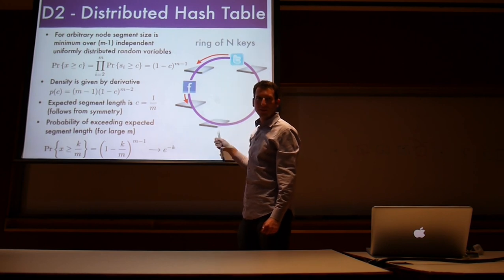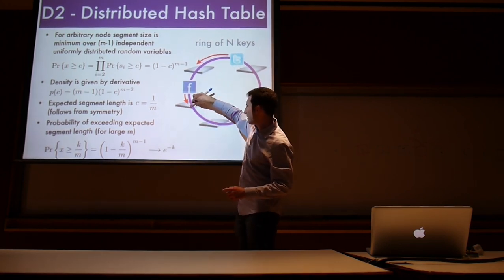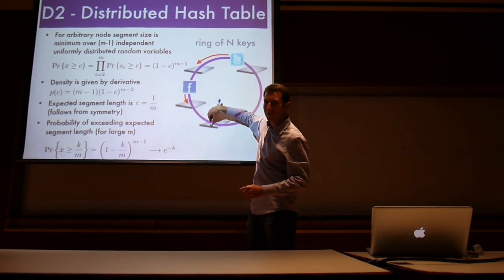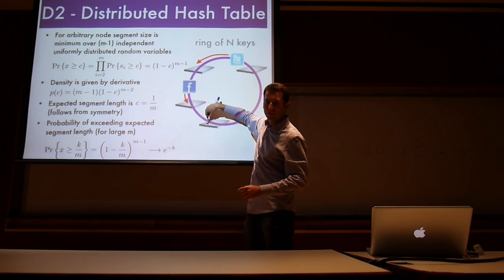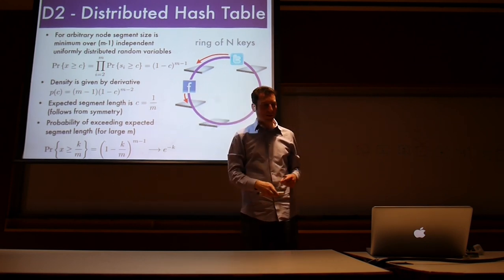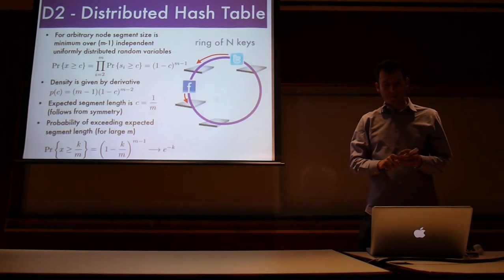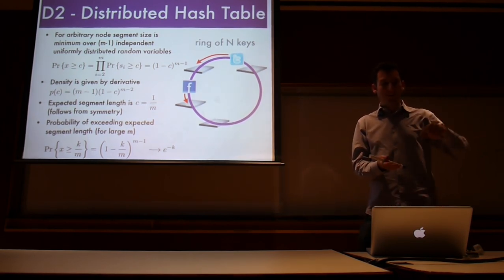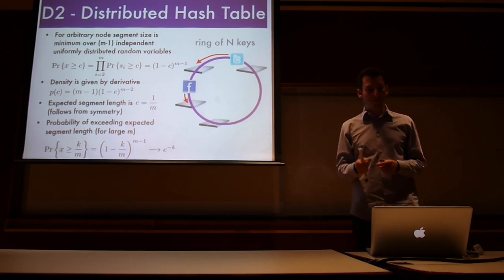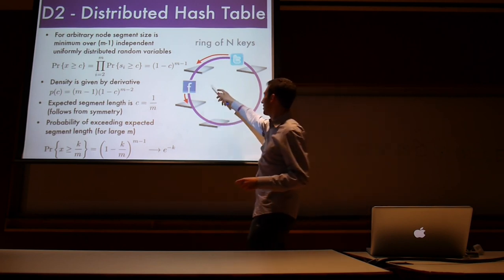Right? Now, the question is then, which machine is going to come closest to this machine here? Because that determines the length of that segment. So I basically have a random variable x, which tells me the size of the segment, and it's going to be given by the minimum over some other random variables s_i, which is basically the positions of the other machines.